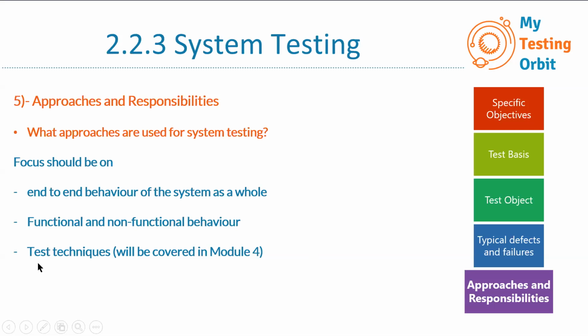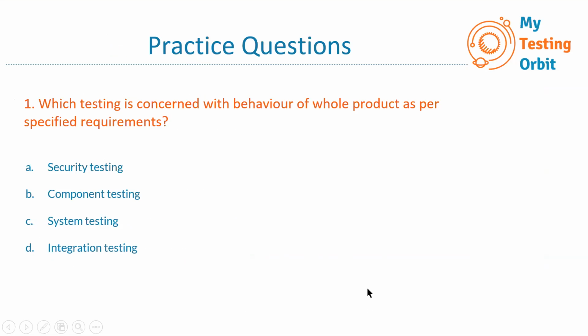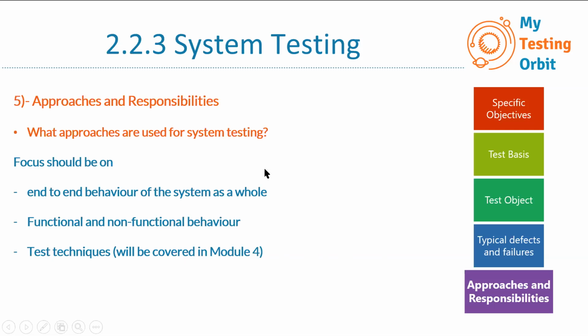Test techniques in detail we will be covering in module 4, so I will not cover a lot for now, but yes, it will be a key feature of what kind of test approach we will be coming up with. Okay, so that was all for system testing.